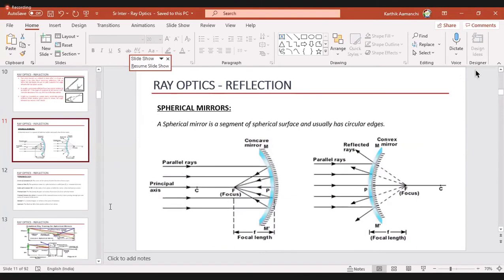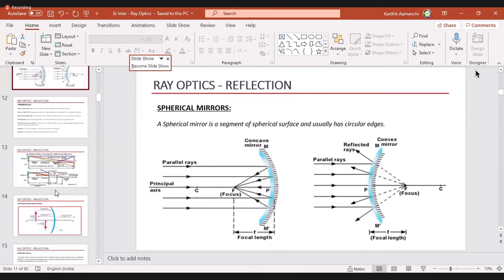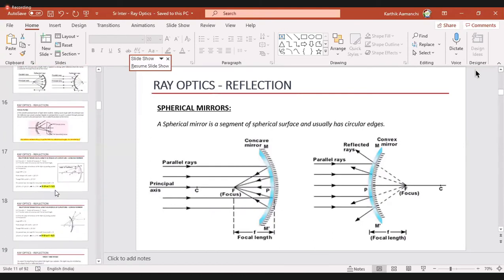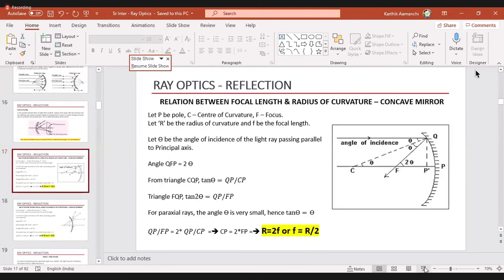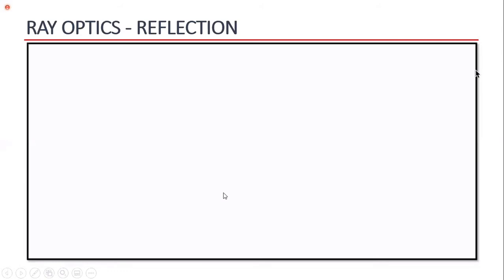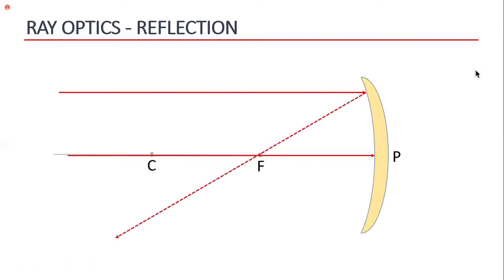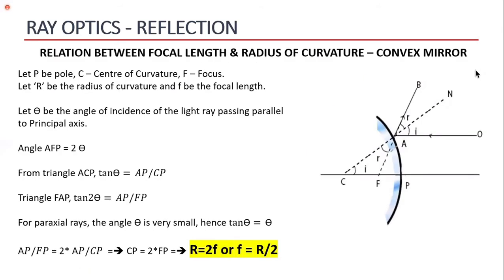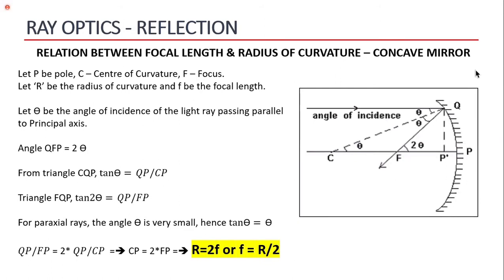Okay. So next, put your heading as relation between focal point and radius of curvature, concave mirror.